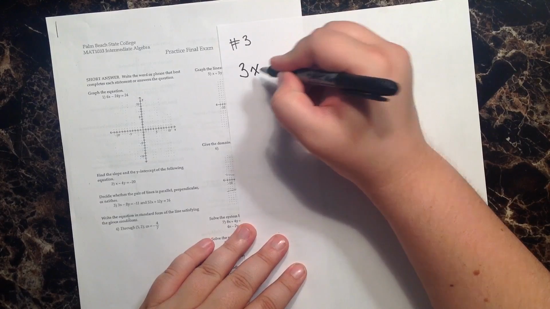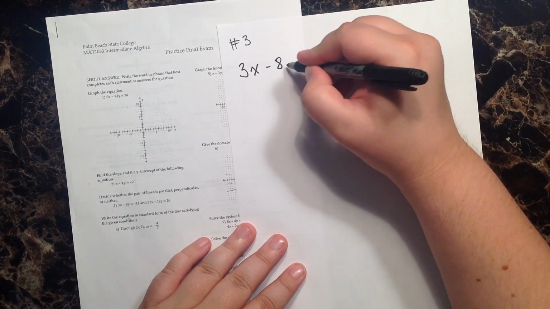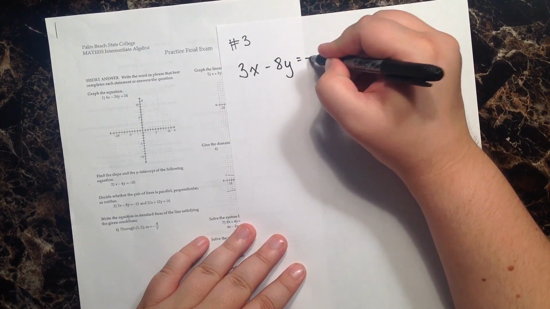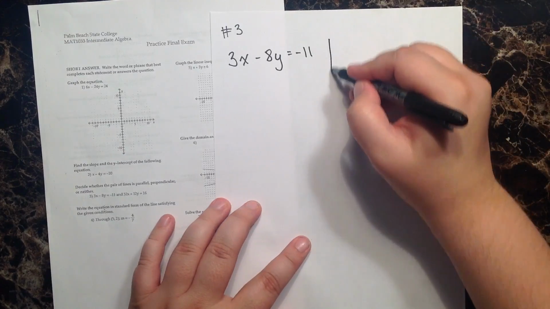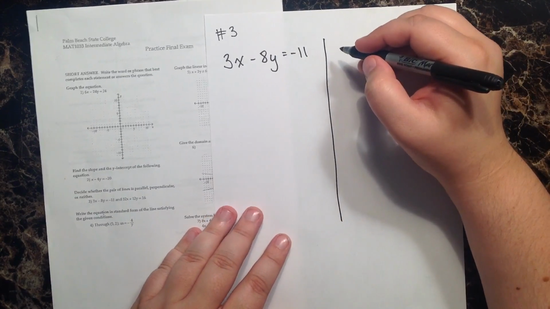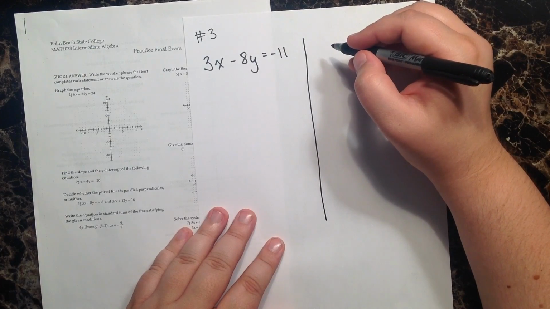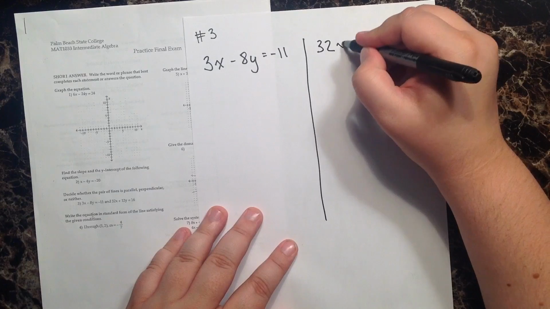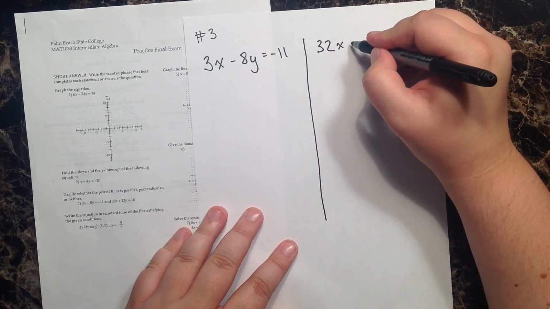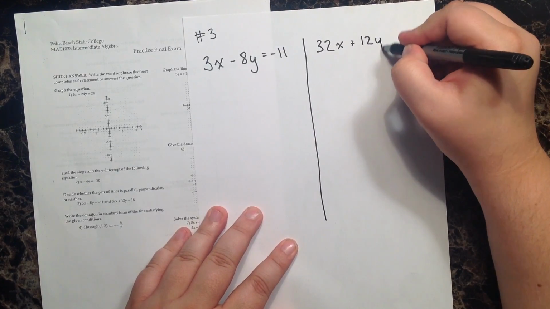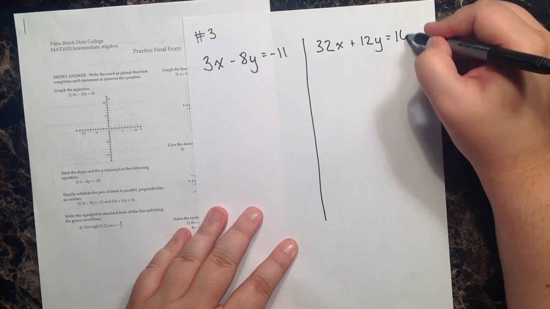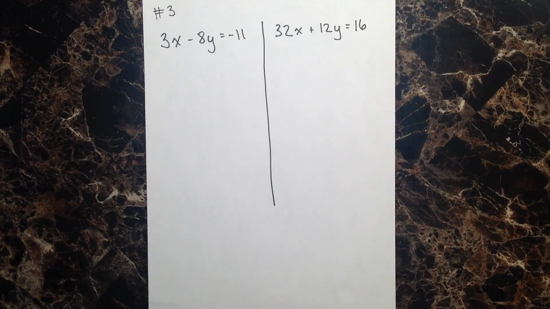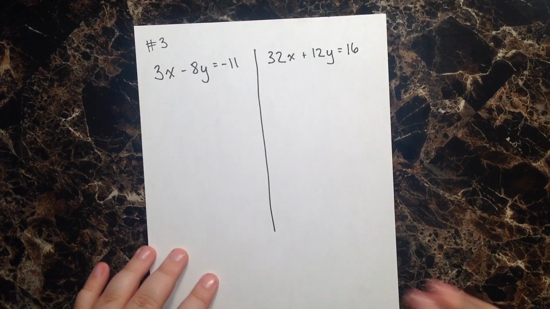They give us 3x minus 8y equals negative 11, and they want us to compare to see if that line is parallel, perpendicular, or neither to 32x plus 12y equals 16. We'll put that aside.